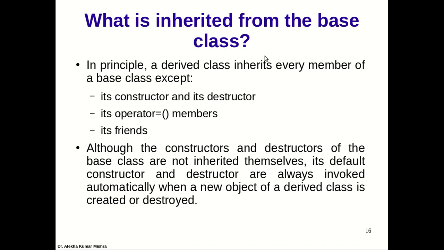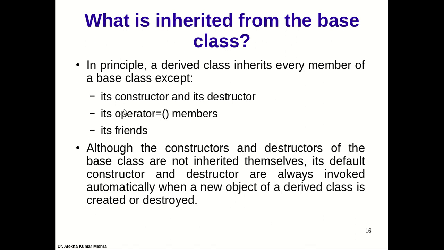But before that, we must understand what is inherited from the base class. In principle, a derived class inherits every member of a base class, except its constructor and its destructor. It also cannot inherit the operator members: whenever we define overloaded operators in the base class, they are not inherited.